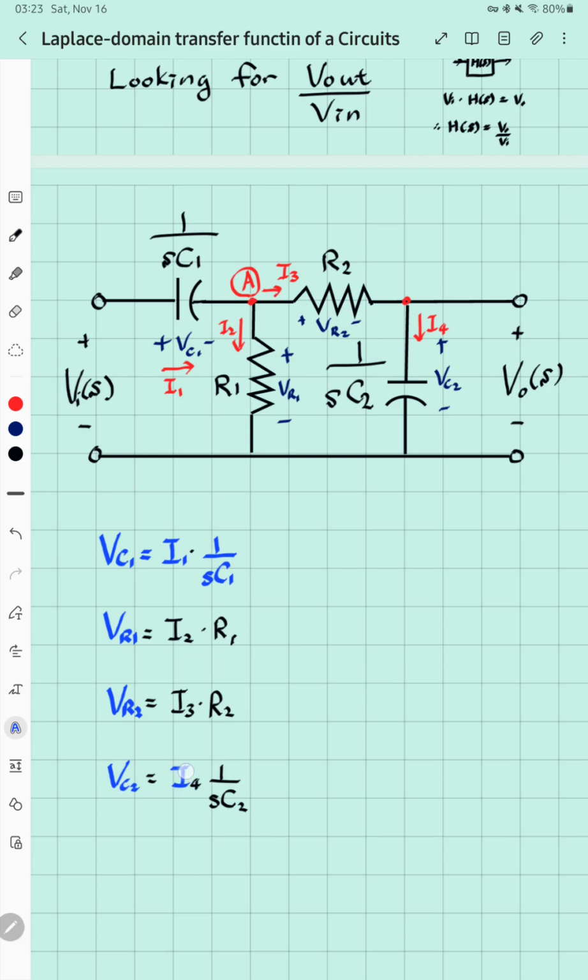What I want you to notice is those currents. Let's have a look at it.